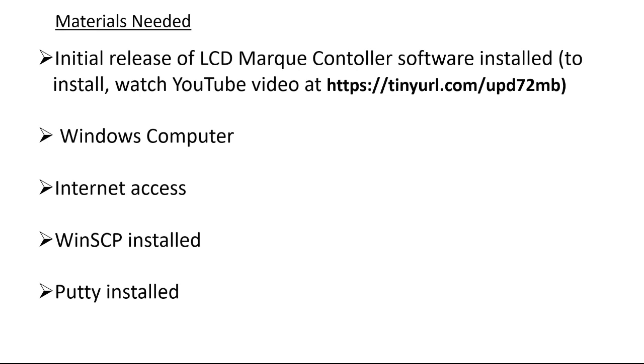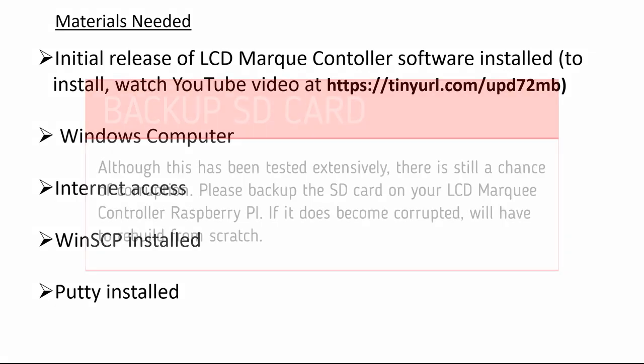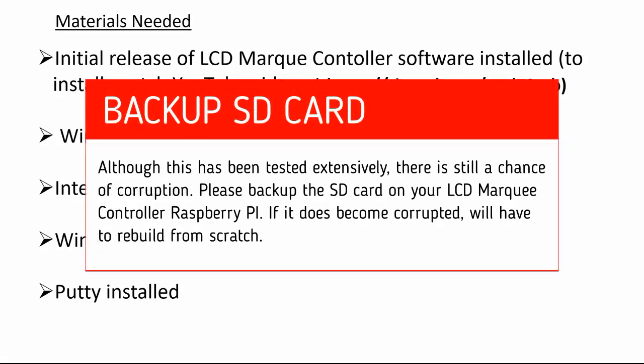Again, WinSCP will be used to copy the files to your LCD Marquee controller Raspberry Pi, and PuTTY is going to be used to remote into it to run the terminal so that you can run the command to run the update.